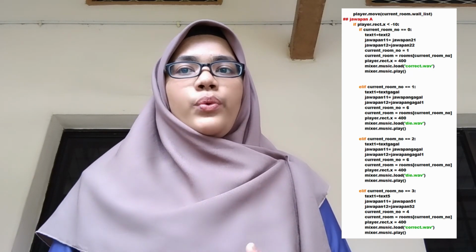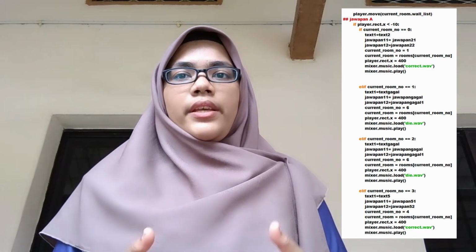Then, each room is determined to be connected to another room. For example, question 1 is for room 0. To go to the next question, for example question 7, that room is number 6. Next, we set the next room.